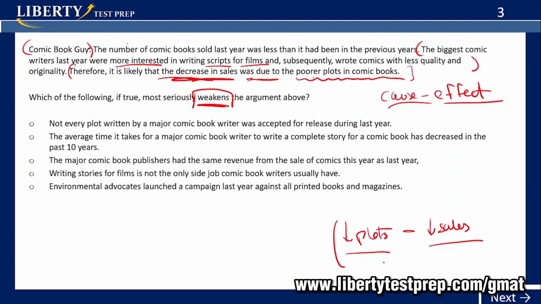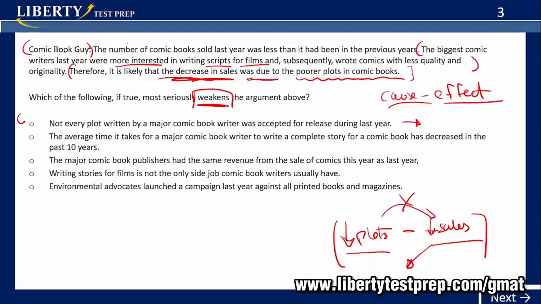We want to say that the decrease in plot quality did not cause a decrease in sales. Maybe there was another cause, an alternate cause, or maybe there's something else that shows us that these two things, the decrease in the quality of the plot and a decrease in sales, are not correlated. Okay, so the first one, not every plot written by a major comic book writer was accepted for release during last year.